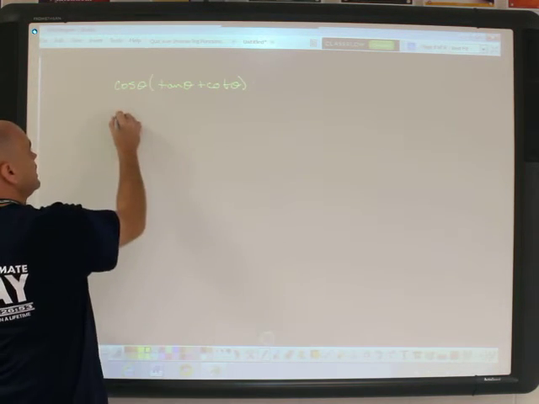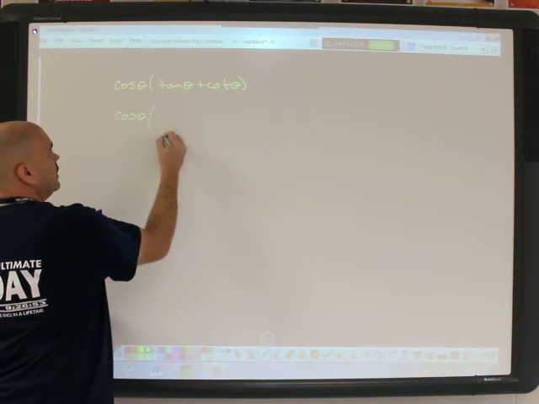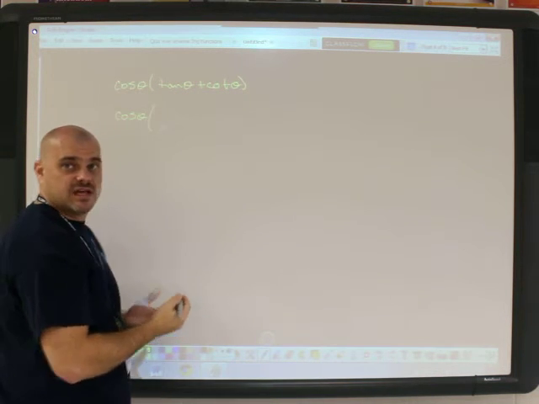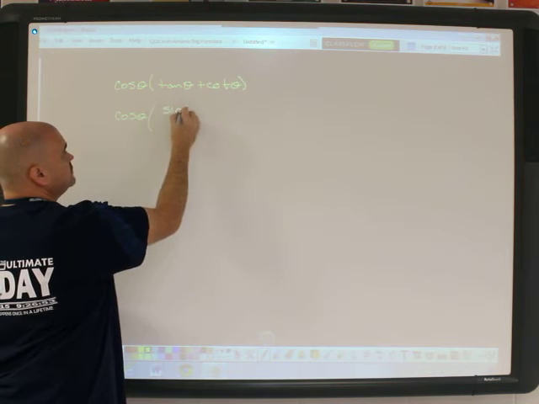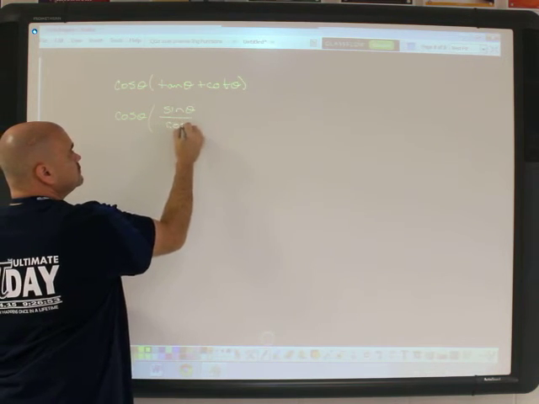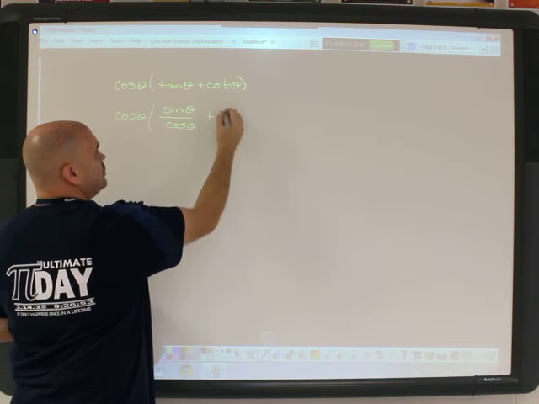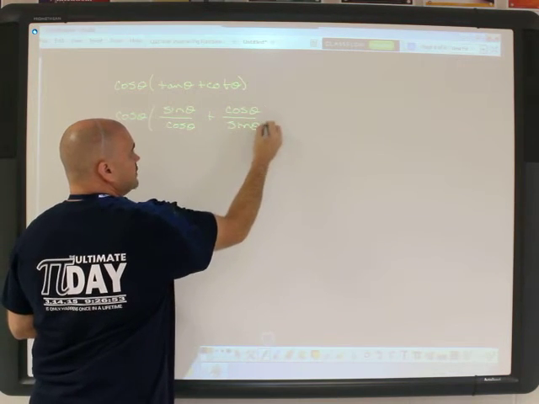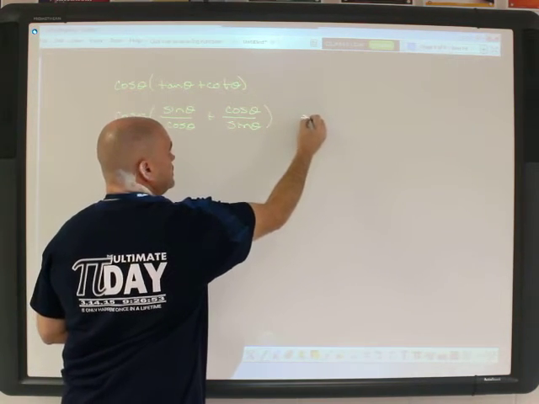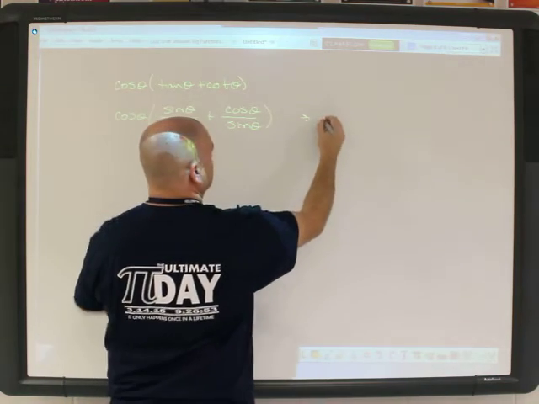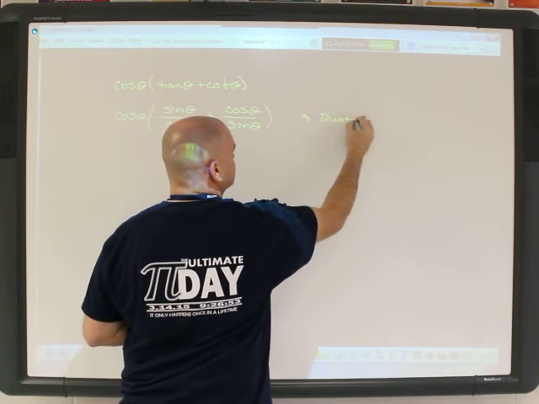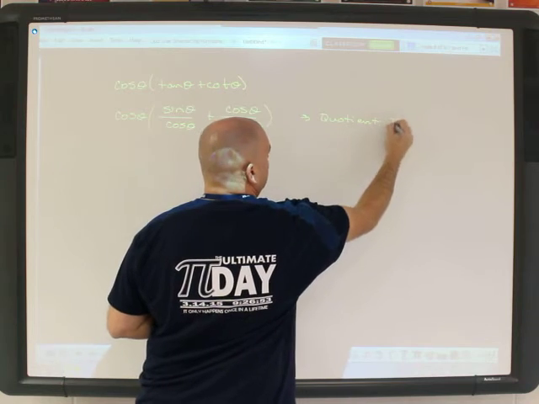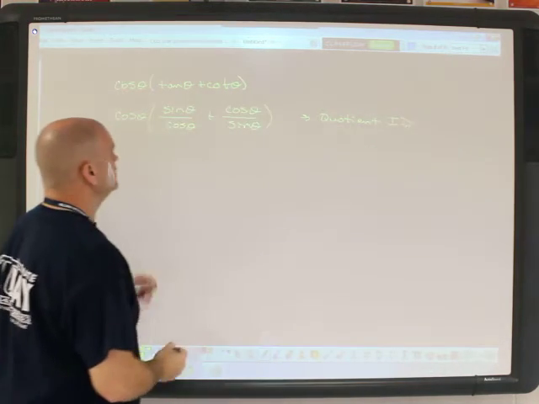Now we said that tan of theta is the same thing as sine of theta over cosine of theta, and cotan is the same thing as cosine of theta over sine of theta. So what we did here was use the quotient identities. I'm going to just let ID be for identity.